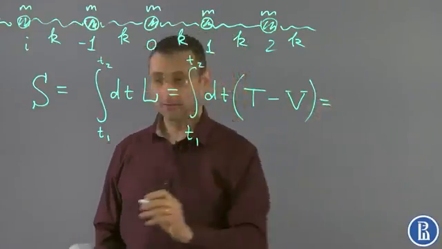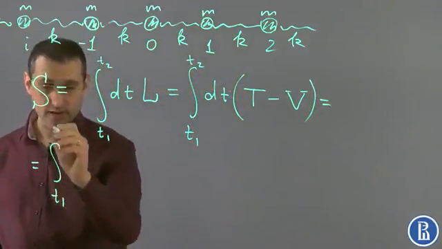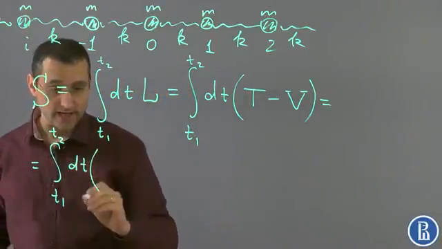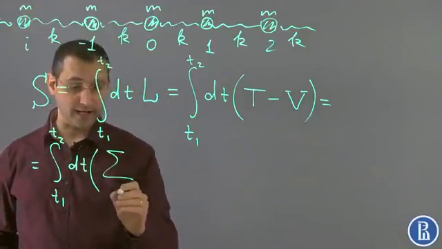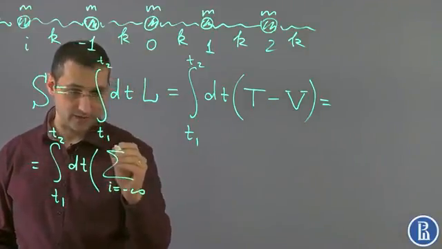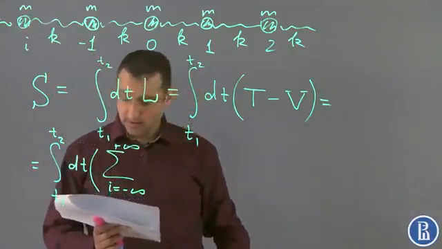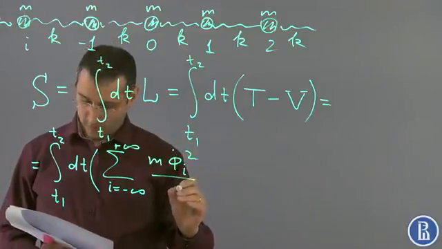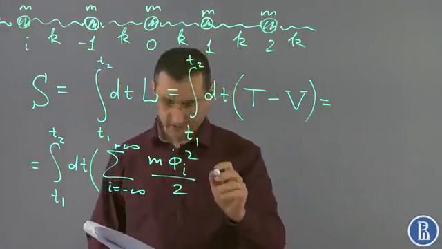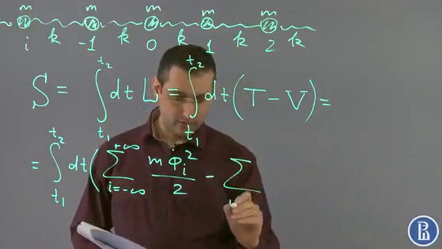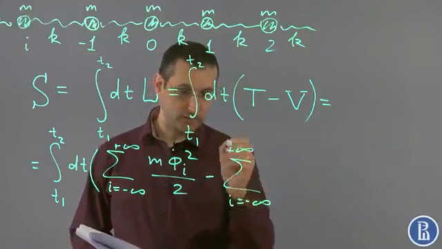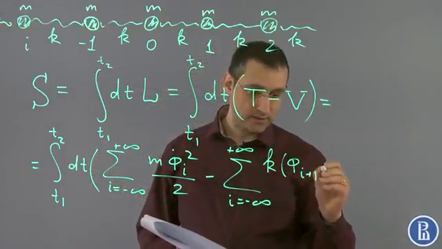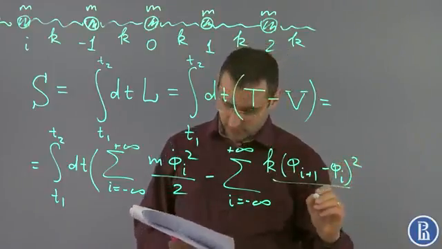In our case, the total kinetic energy is the sum of all kinetic energies of the particles from -infinity to +infinity, m phi_i dot squared over 2. Who phi is, I will explain in a second. The potential energy is the sum over i from -infinity to +infinity of k times (phi_{i+1} minus phi_i) squared over 2.